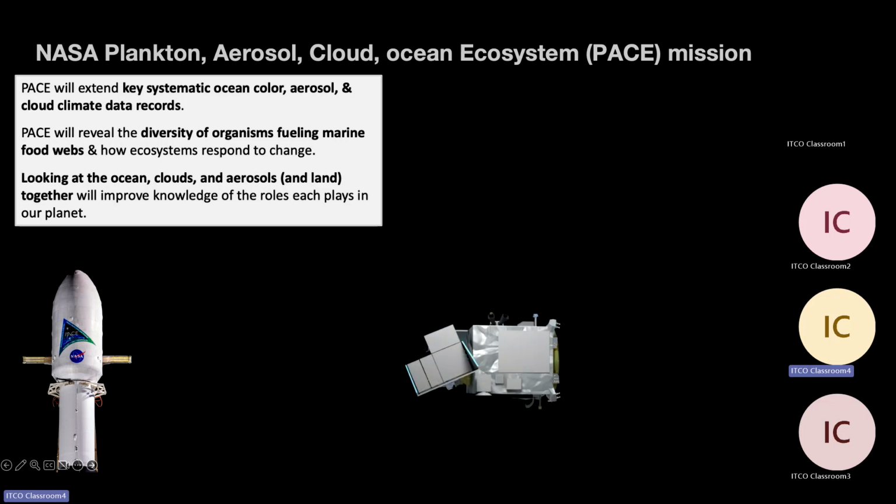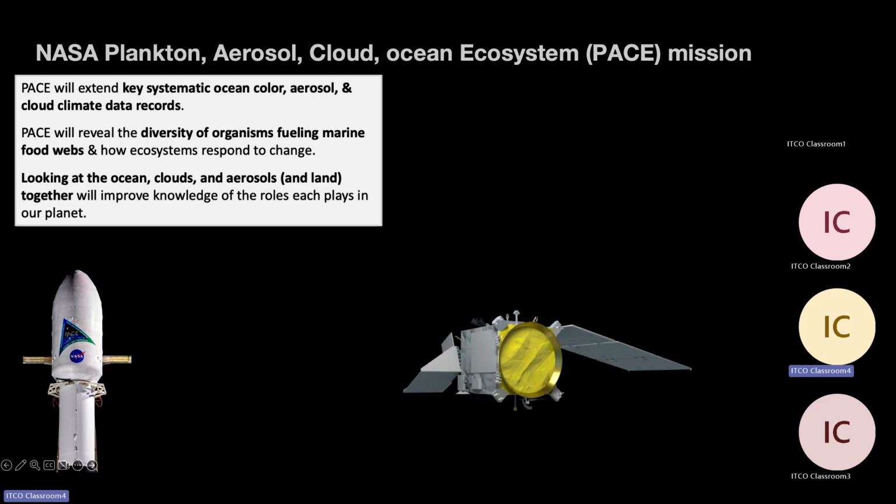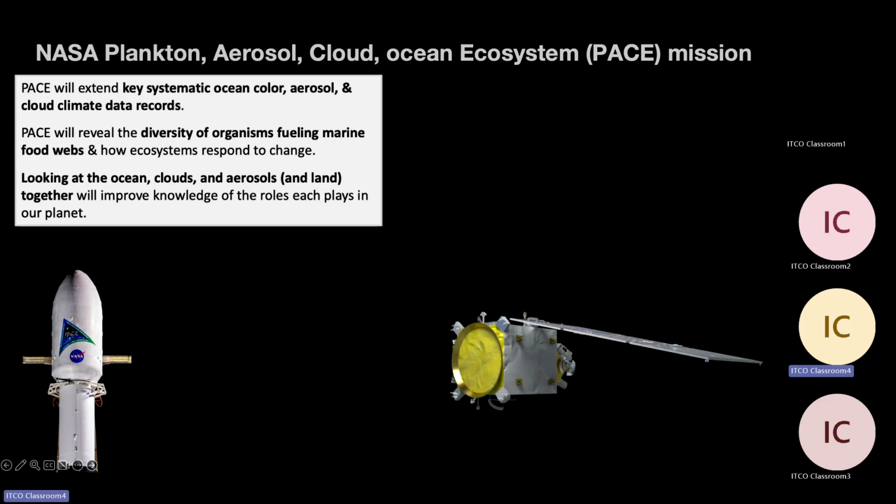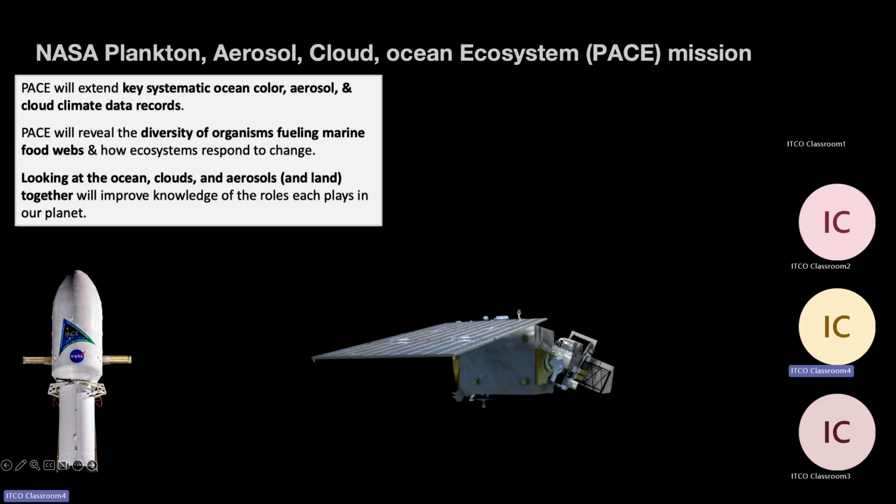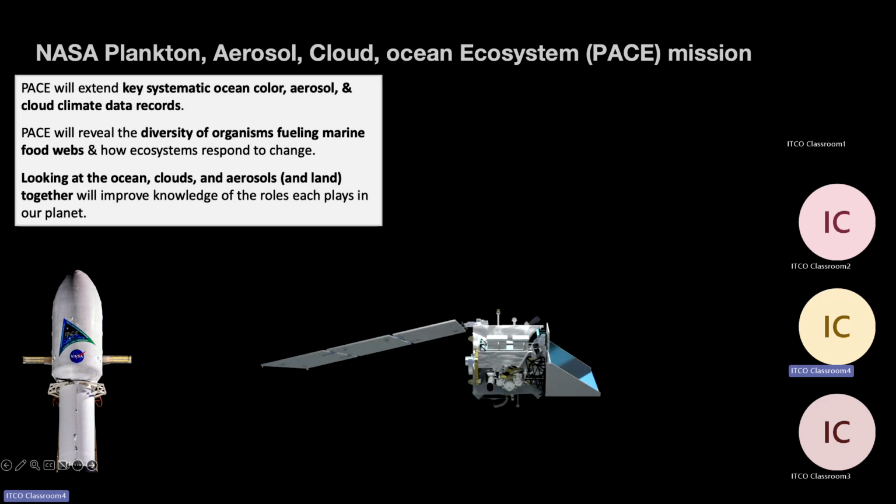Trying to remember. So this is sort of more like the programmatic reason for PACE. We're taking these legacy ocean color products that we've been looking at for the last 25 years and extending the climatology using a new and advanced sensor. Although we have VIIRS and OLCI to do the job for us as well, PACE will do that in a new way, using new methodologies.